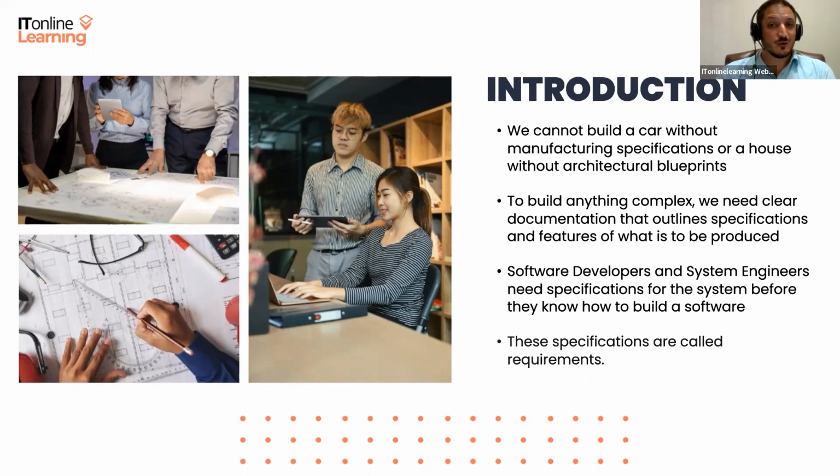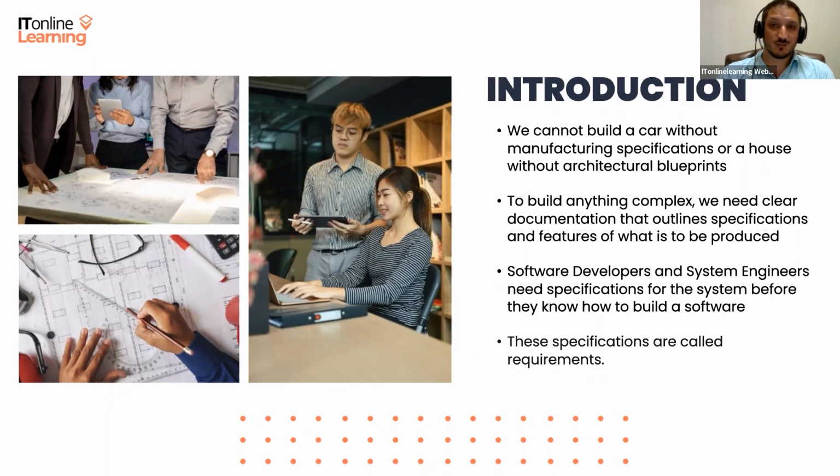This is also true in the field of software development or system development. The software developers that are building software or IT systems need to know exactly what needs to go into the system for them to build it. These specifications will basically outline the features of a software product or the system that is being built.